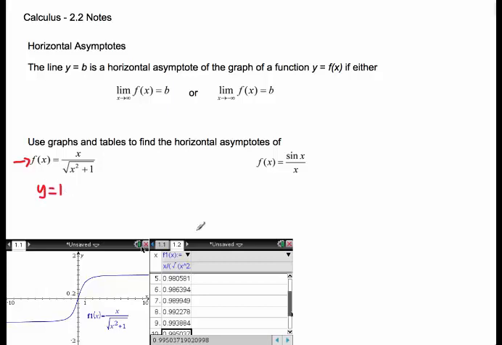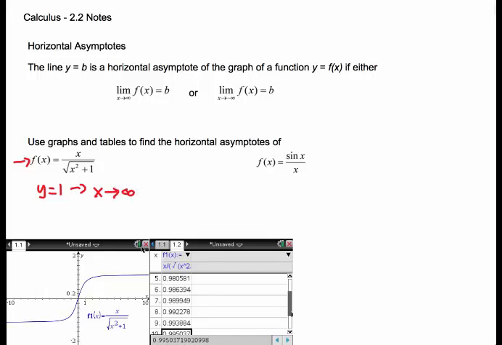Now it might not ever say 1 in the table of points, and it might not ever say 1 on the graph or look like it. It might look like it maybe gets closer, maybe doesn't, but it's 1. And by the way, this is when x goes to positive infinity.